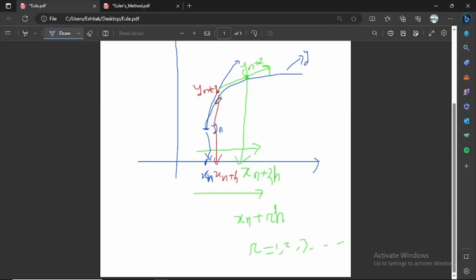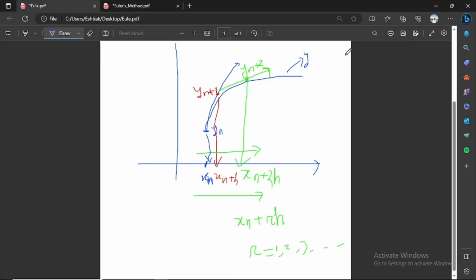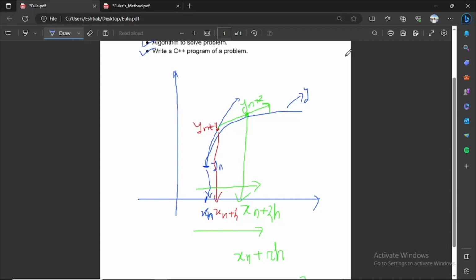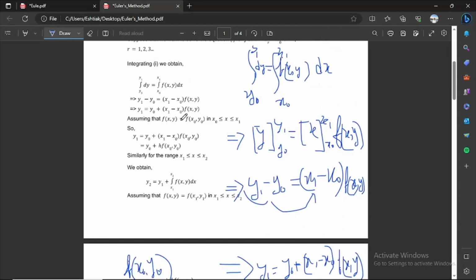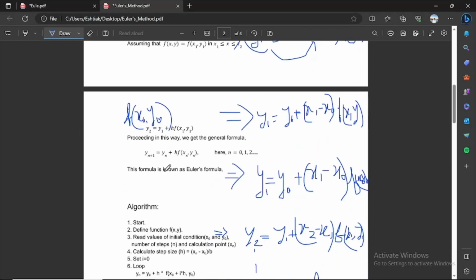If we continue this method, we will find approximated values of the function, and we get our approximated geometrical representation of Euler's method. This is called Euler's method.